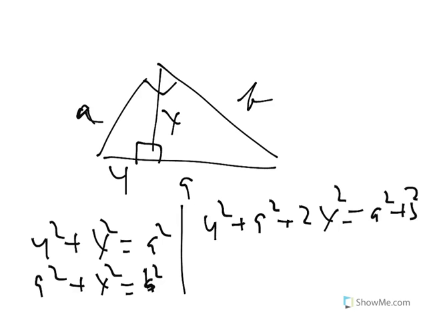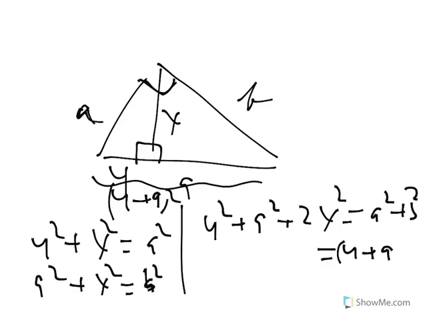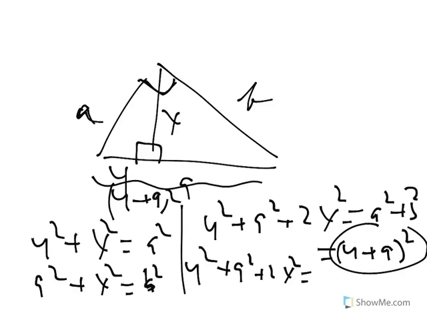Now a squared plus b squared, because it's a right triangle, is equal to (4 plus 9) squared. a squared plus b squared equals c squared, in this case 13 squared, but let's just leave it as 4 plus 9 squared. When I simplify, I multiply this out: 4 squared plus 2 times 4 times 9 plus 9 squared.